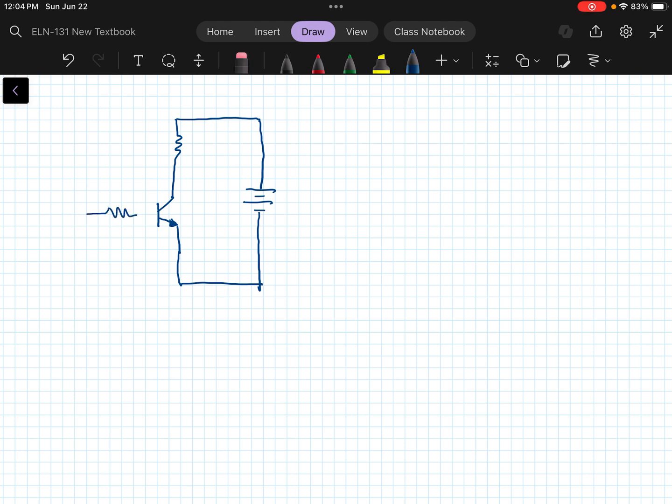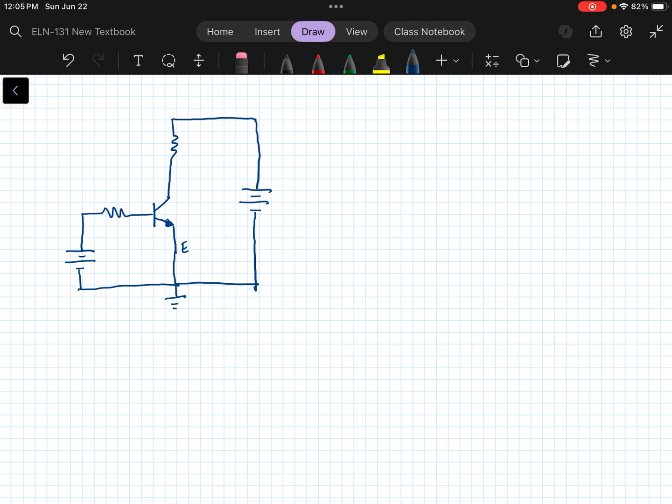And here's my base. I'm going to add a resistor to the base. And this is a common configuration of an amplifier circuit called the common emitter circuit, because the emitter is common to both what we would call the input side and the output side.